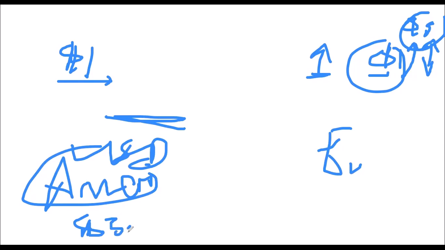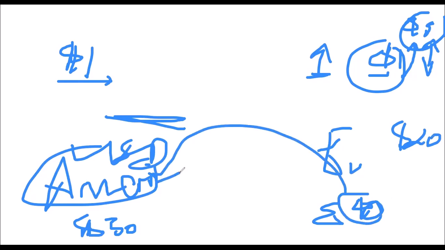Let's say you change $50 today and you get maybe 40 euros. Let's say you use only 20 euros in Europe, and you want to change the remaining 20 back to USD because you are flying back to the United States of America.